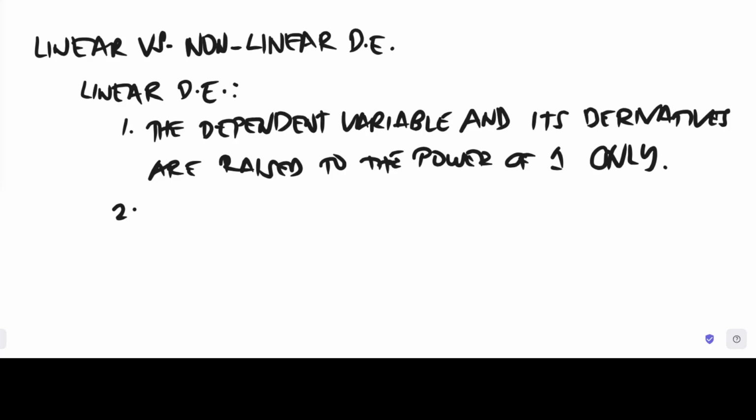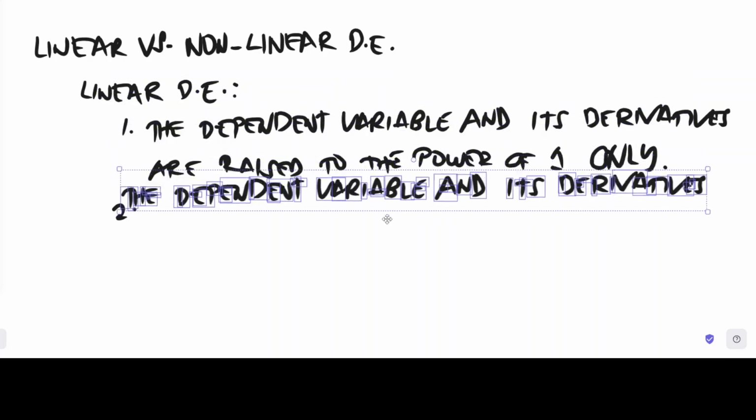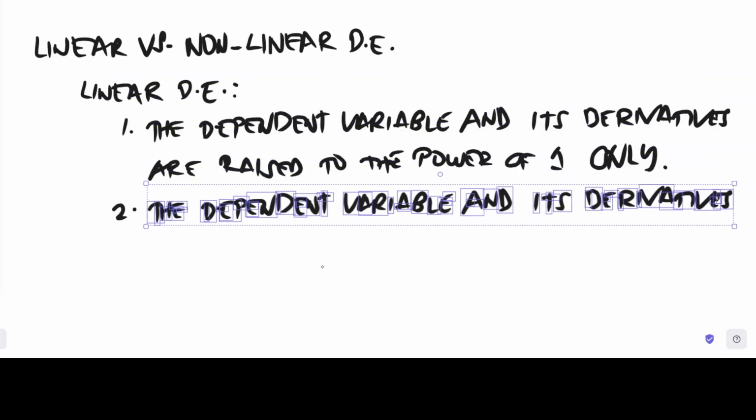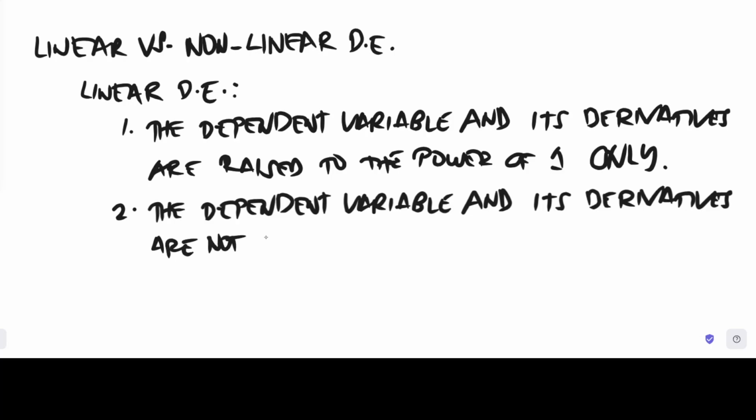Number 2, the dependent variable and its derivatives are not in any nonlinear functions.